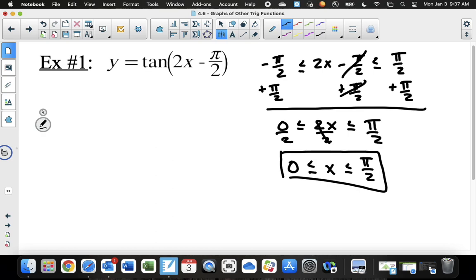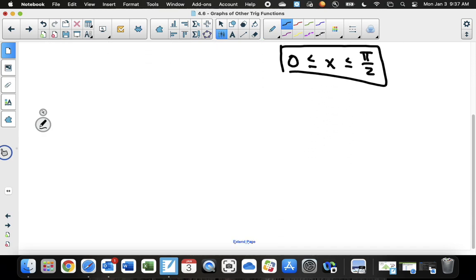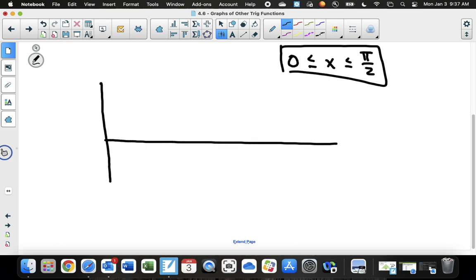And then from there, we can just work our way out if we wanted to build from there. That's the key part, though. Find the asymptotes. So now let's sketch the graph. Let's see what we actually have going on here. We said we have a vertical asymptote at 0, so I'm going to put one in there.